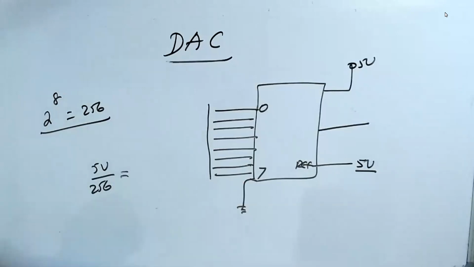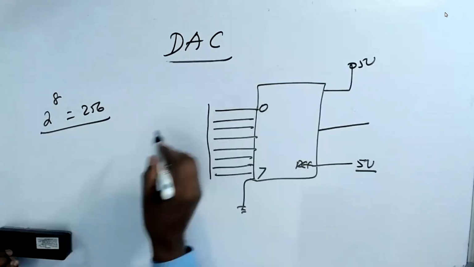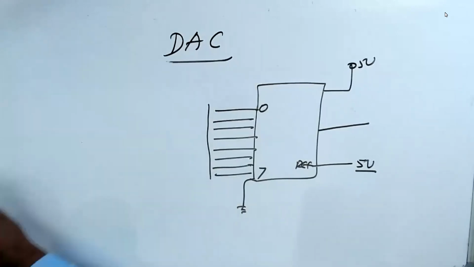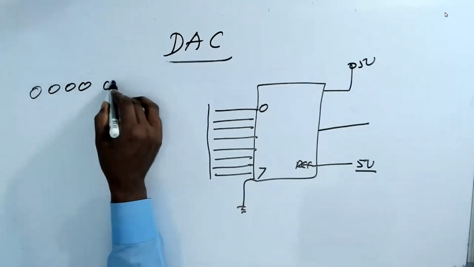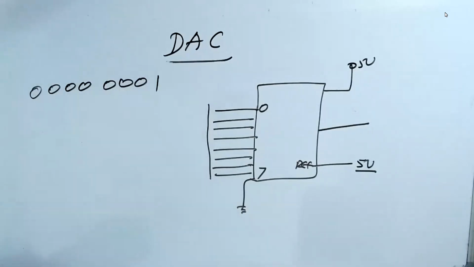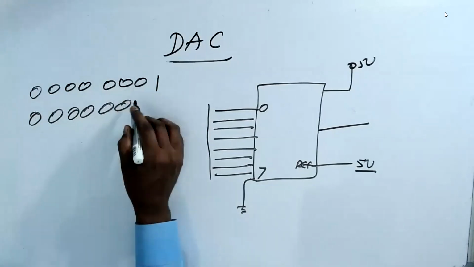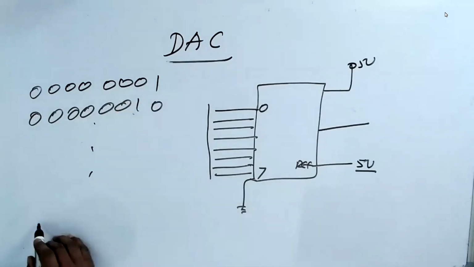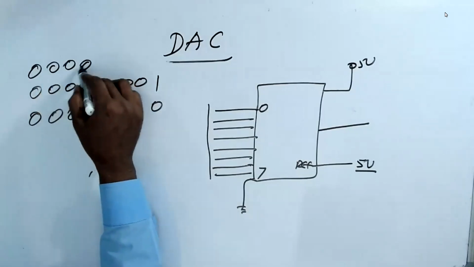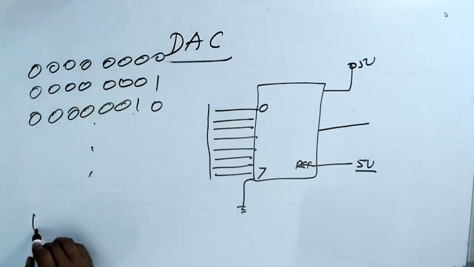So every number here goes from 0 0 0 0 0 0 0 0, then 0 0 0 0 0 0 0 1, then 0 0 0 0 0 0 1 0, up to 1 1 1 1 1 1 1 1.